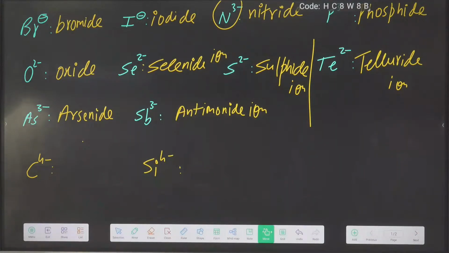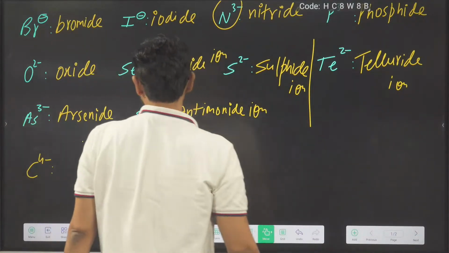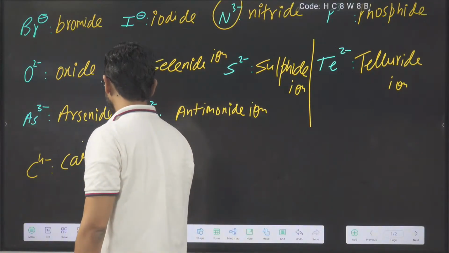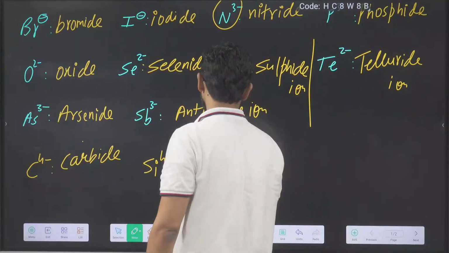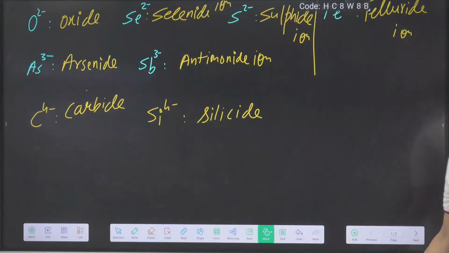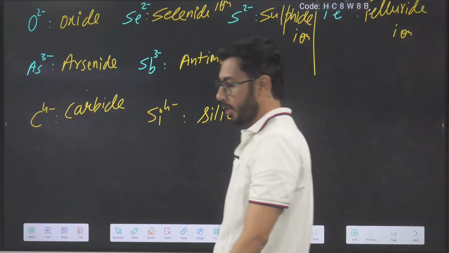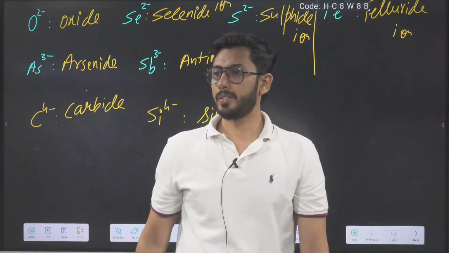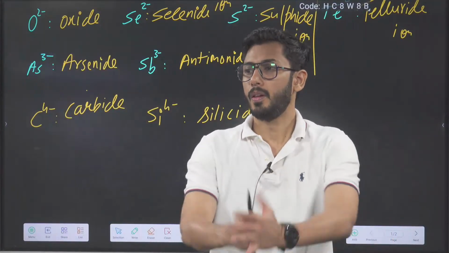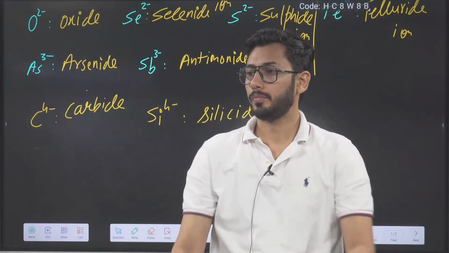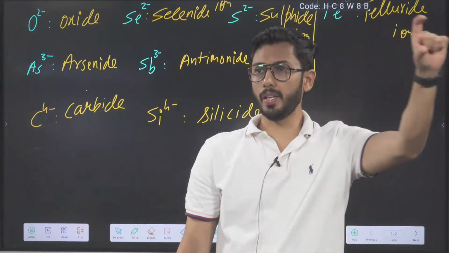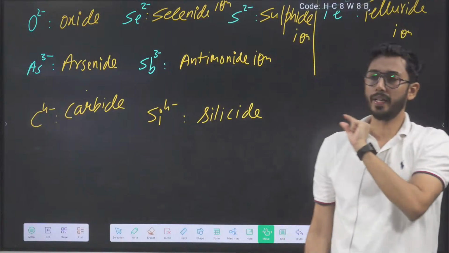Very good. Other students also. Yes, Harshini, correct. C4 minus is termed carbide and this one is silicide. Yes, correct. Dikshit, correct. Carbide, silicide. Yes, Pujashri, correct. Srinidhi, correct. ठीक है, तो this is which part? Naming of anion, in which for monoatomic anion the suffix used is ide.